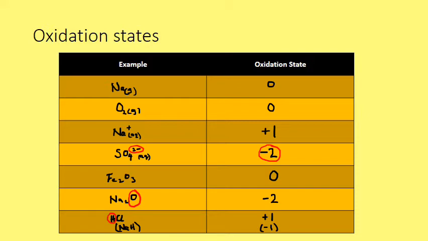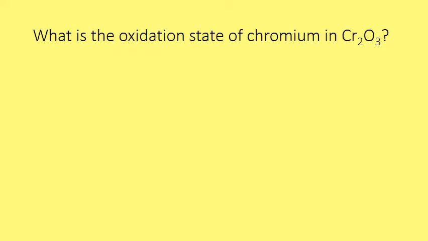And so once you've got those rules, then you can work out the oxidation state of an element in a compound. So let's do just that. Let's work out the oxidation state of chromium in this compound, chromium oxide. Let's write out the compound so that we can deal with it in detail. We know from the rules on the previous slide that the whole compound is neutral, so it's going to have an oxidation number of 0.